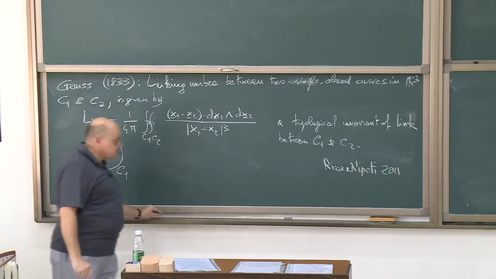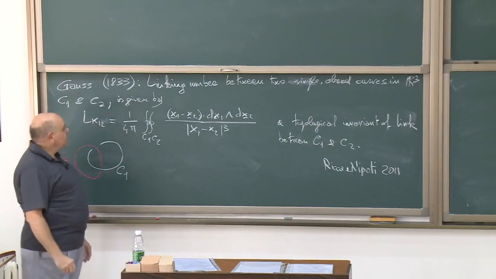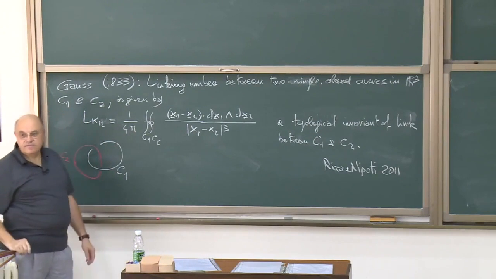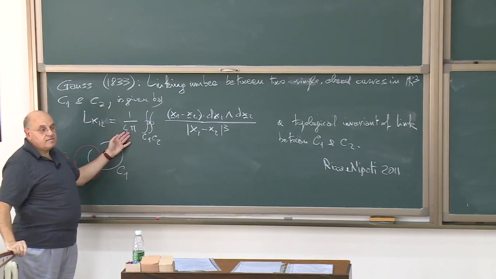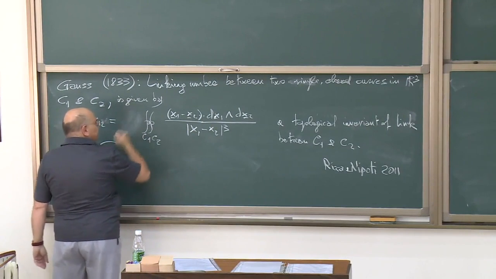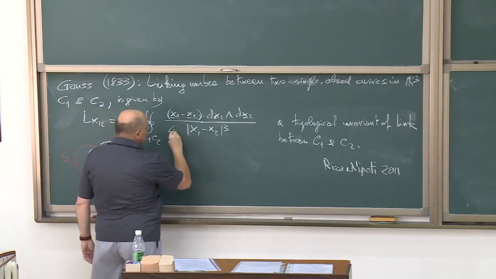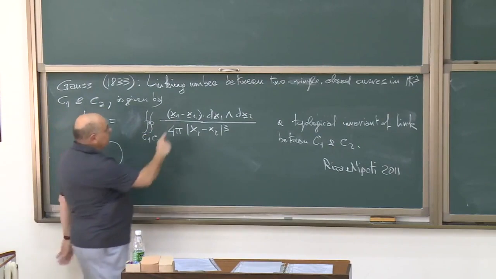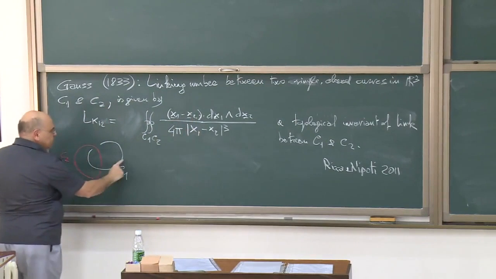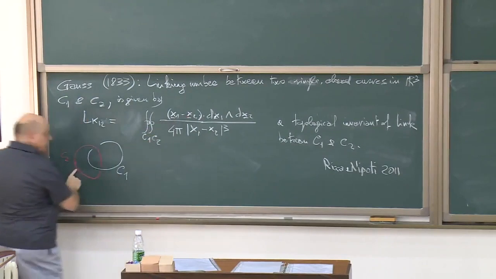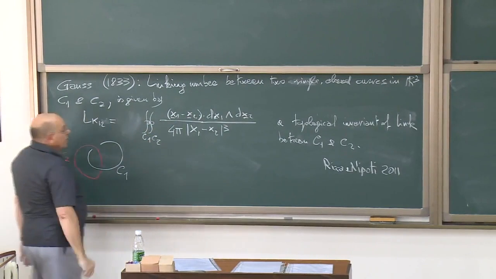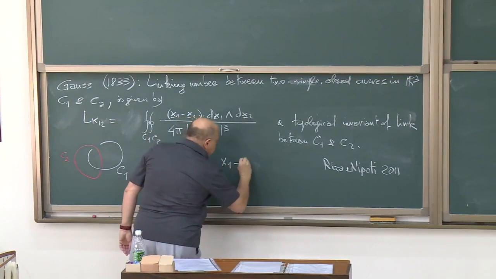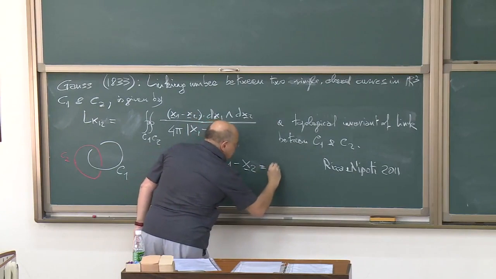So my interpretation to you in a minute is a bit rough, but please follow me. First of all, there is a 4 pi here, and it is there. So the first thing is to remove this 4 pi here and put it inside. It's good to have it there. And then you have x1 minus x2, x1 denoting a point on C1, x2 denoting a point on C2, right? Let me call x1 minus x2 R, okay?